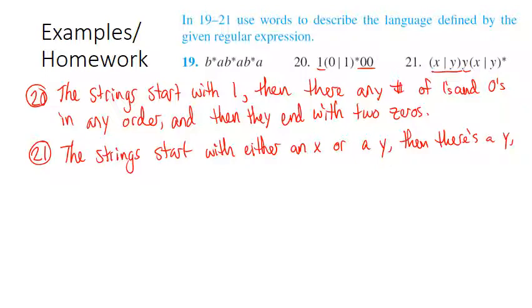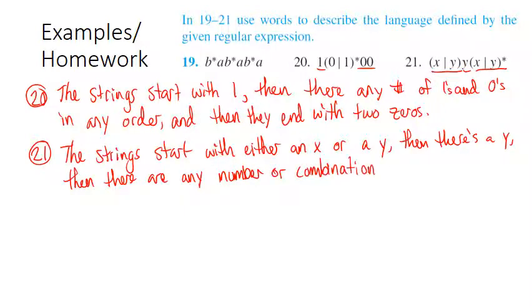All right, and then after the y, you can have any number of x's and y's in any combination or length that you want. Okay, so that's it. All right, so pause the video and go ahead and try 19, and then check your answer in the back of the book.